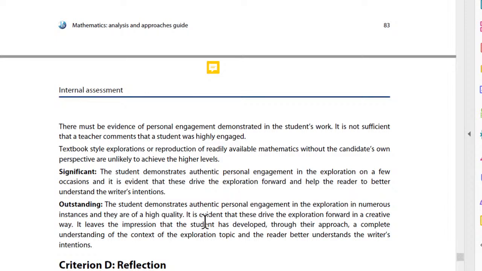Engagements are reflections that also count as personal engagement, and also I did research on this with the numbers. The core of this essay is that they play around with these numbers. I would say this is a 3.